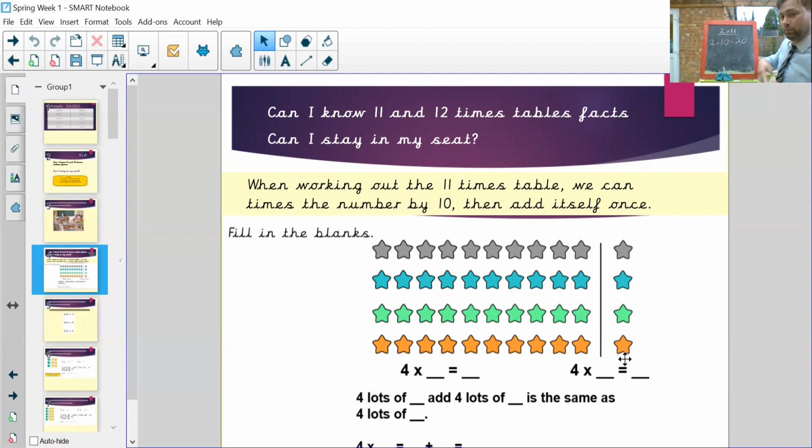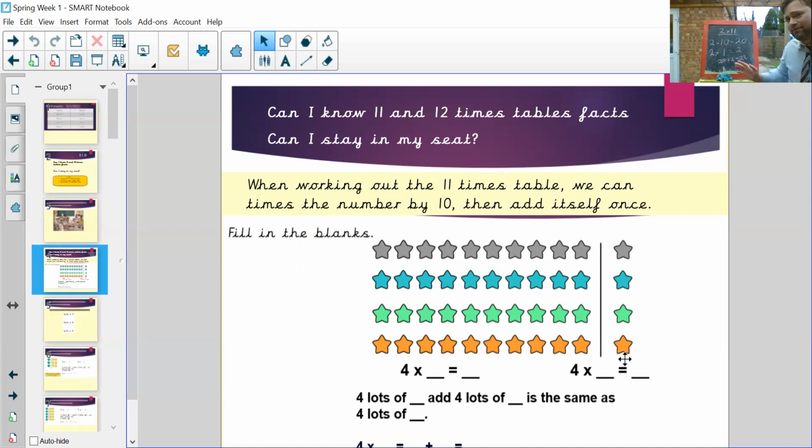So we've done 2 times 10, but we need to know what 2 times 11 is. We've got another 2 to add on, haven't we? 10 plus 1 is 11, so we do 2 times 1, which is 2, and then we add our 2 together. So 20 plus 2 equals 22.